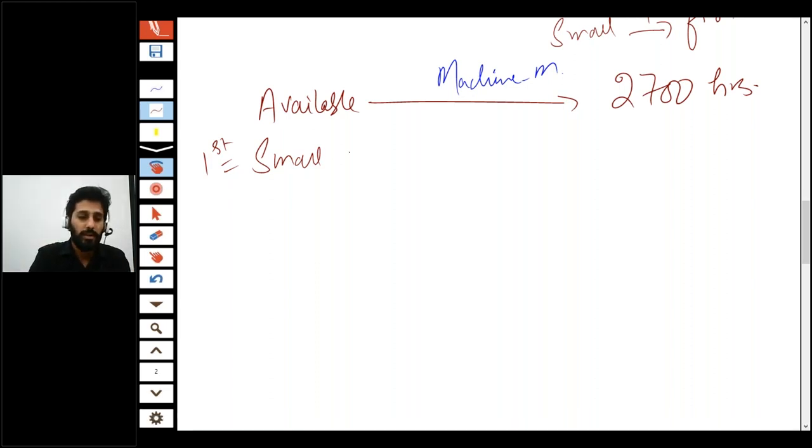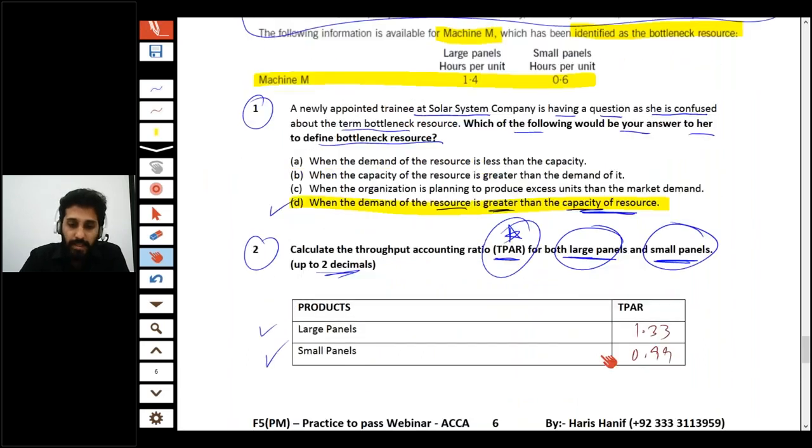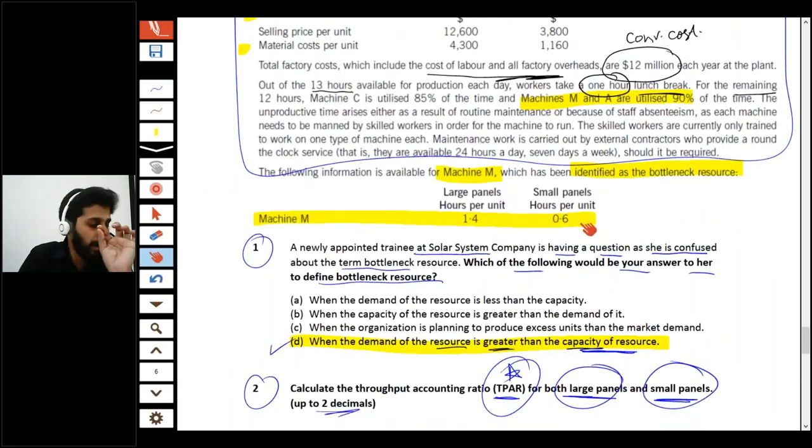So that's it, 1,000 units. So product small, 1,000 units will be made first, as this is the contract. And from the question it is straightforwardly available that to make 1 unit takes 0.6 hours.